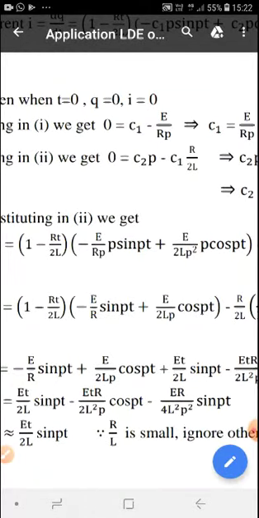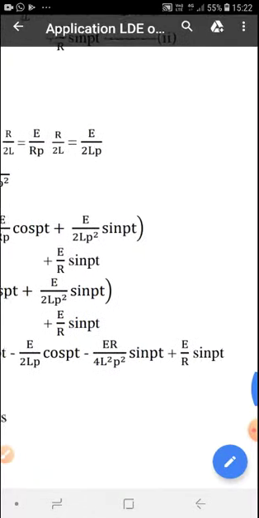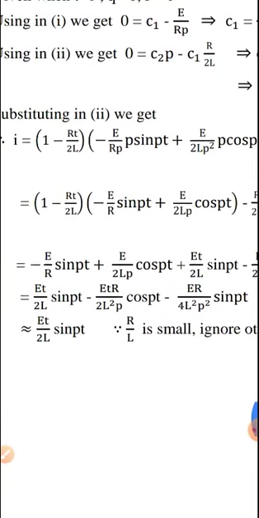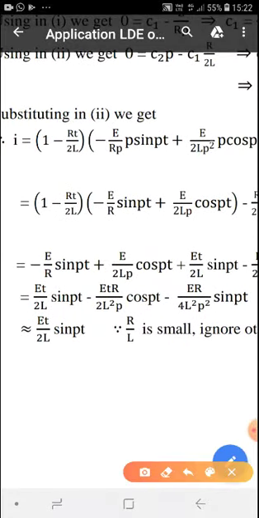Multiply the brackets term by term. Remove all the brackets. Finally, 3 terms remain: Et divided by 2L sin pt minus EtR divided by 2L square p cos pt minus ER divided by 4L square p square sin pt.